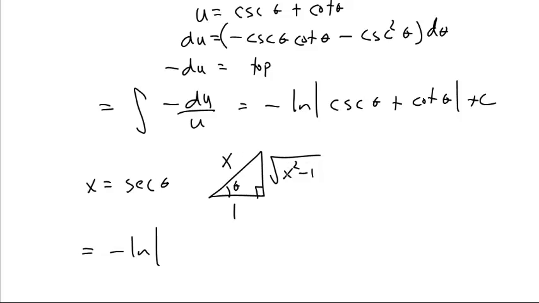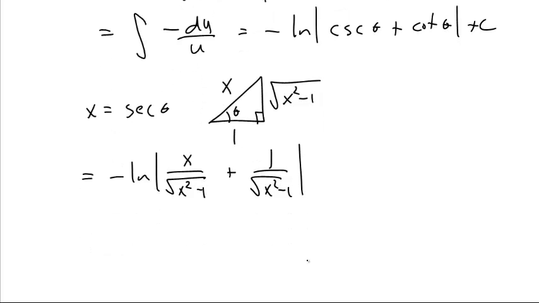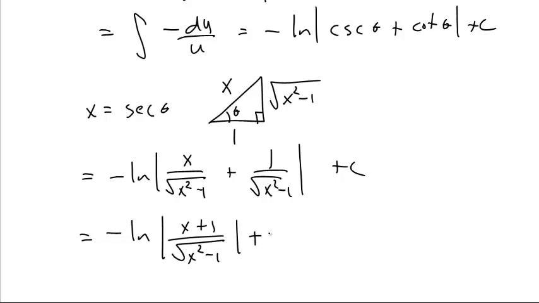Sine is this over this, so it's x over square root of x squared minus 1 plus cotangent, which is 1 over tangent, 1 over square root of x squared minus 1. There's a common plus c. We have a common denominator in here, negative natural log of x plus 1 over square root of x squared minus 1 plus c.